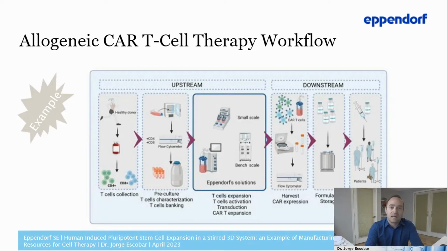And in that step, you can expand the cells, you can activate the T cells, and you can transduce, and then you can have CAR T expression, and you can do all of this using, for example, Eppendorf solutions. Those are the solutions and controllers that we have and can provide.